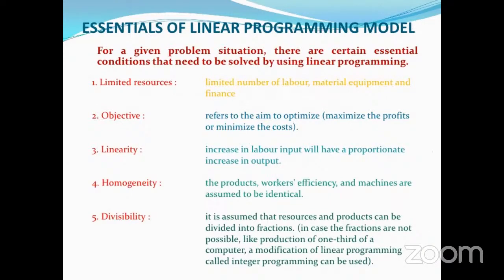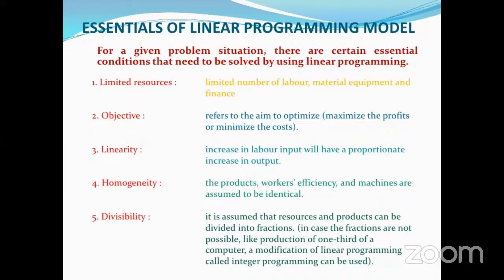Homogeneity, that is having a relationship with the products also. The products, that is workers' efficiency and machines, are assumed to be identical. So homogeneity must be there, and divisibility. It is assumed that resources and products can be divided into fractions.